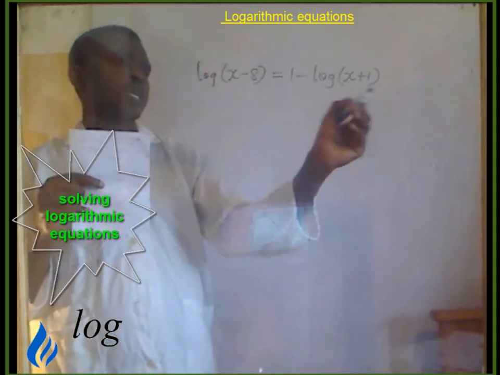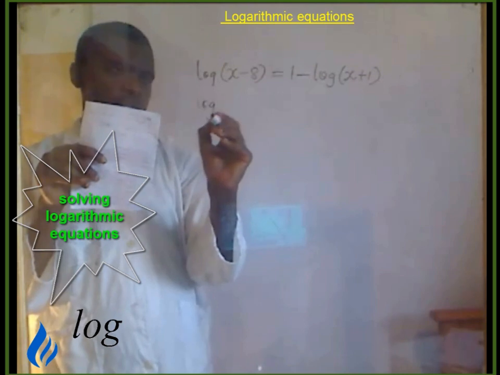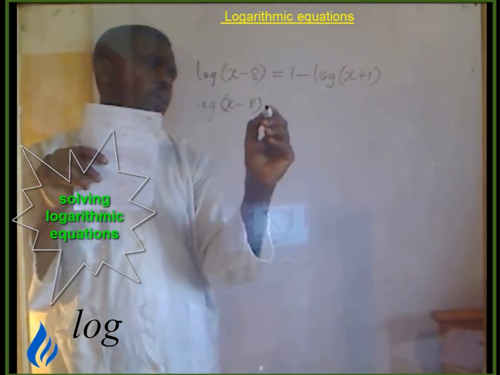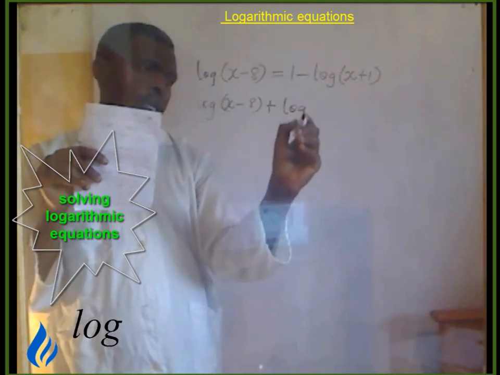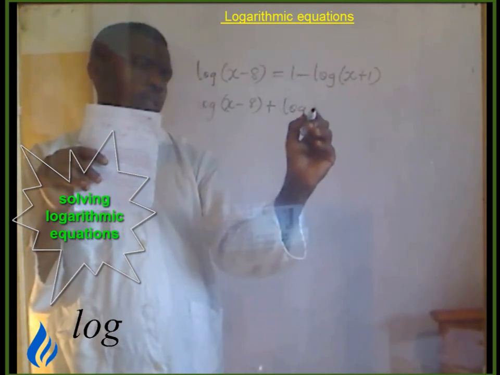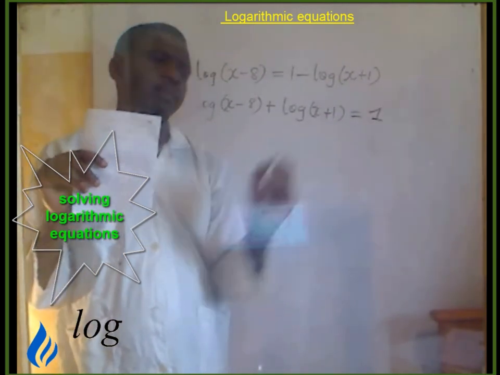So I have to bring the logs to one side. I have logarithm of x minus 8 plus logarithm of x plus 1 is equal to 1.